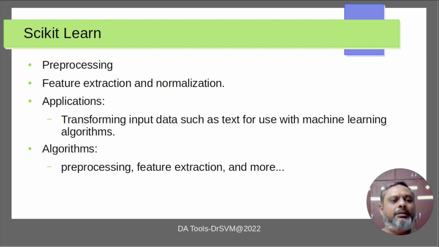So scikit-learn allows all these pre-processing activities very efficiently. We can extract the features and normalize them so that the final outcome is the most efficient possible. Applications for these tools are transforming input data such as text for use with machine learning algorithms and many more. So you can clean the data.